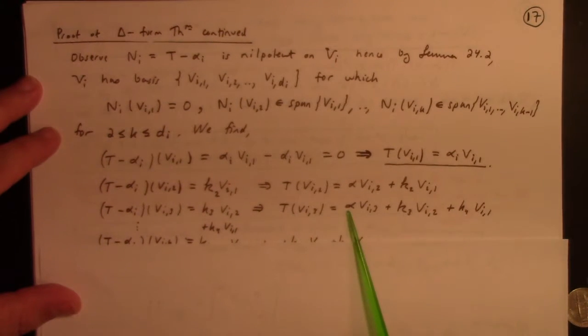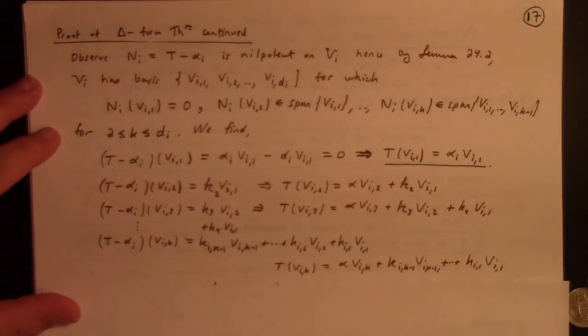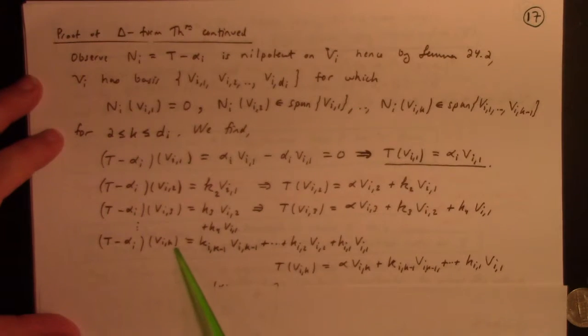And so T V i3 is alpha V i3 plus these guys, all right? And so forth. Eventually you get to the last one, V ik, I guess I'm saying. I guess I just did it for the kth one. Fine, whatever. And so you get all these lovely terms. And so you get T V ik is alpha V ik, V ik minus 1 plus V ik i1. Now, these are kind of messy, right?